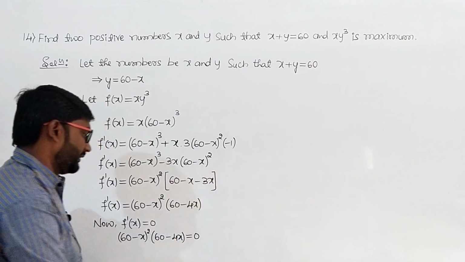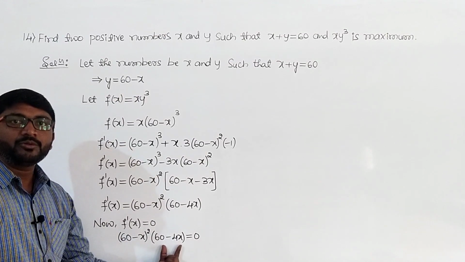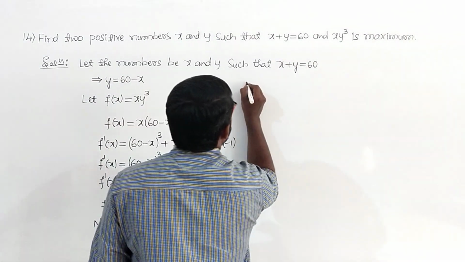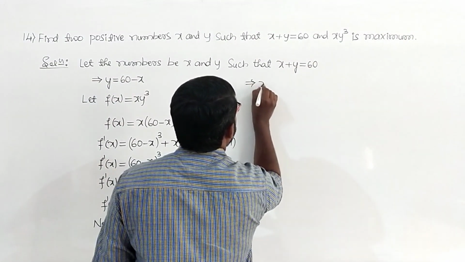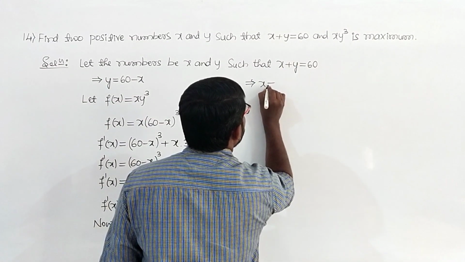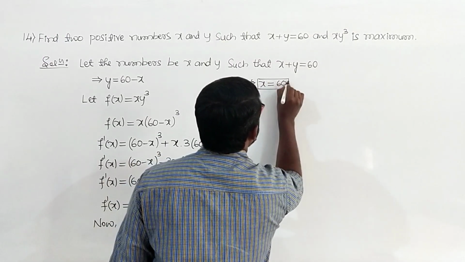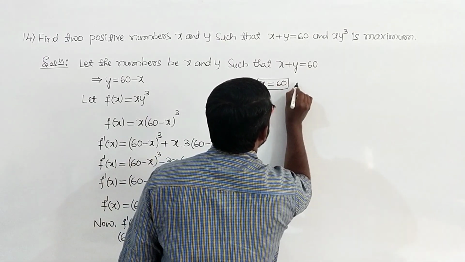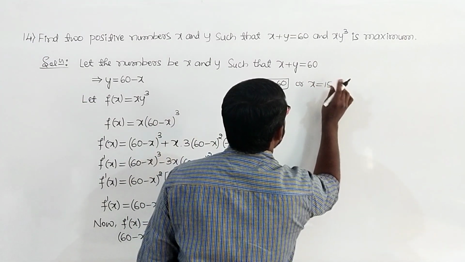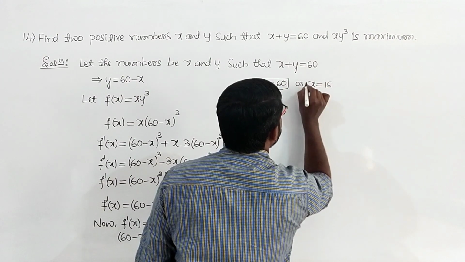From this you get x equal to 60, and from this you get x equal to 15. So you get x equal to 60 or x equal to 15.